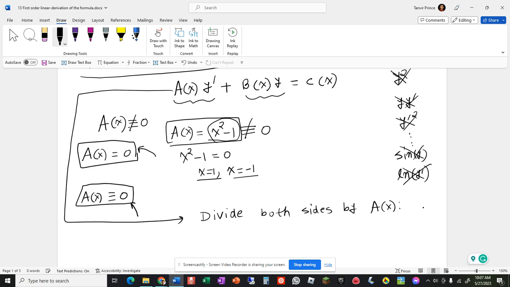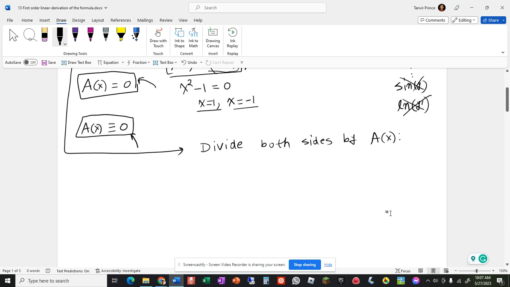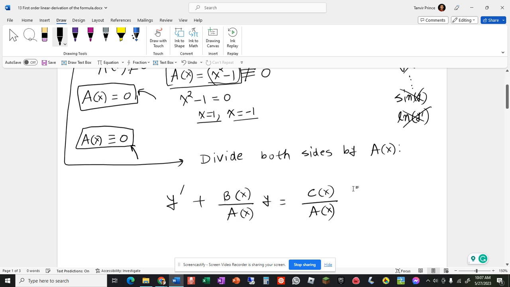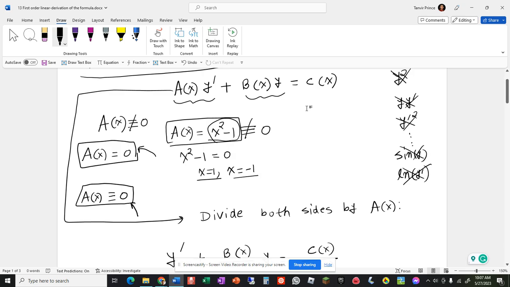If I do that, I'm going to have y prime, because a of x will cancel out, plus b of x divided by a of x times y, equal to c of x divided by a of x. See, I divide both sides by a of x.